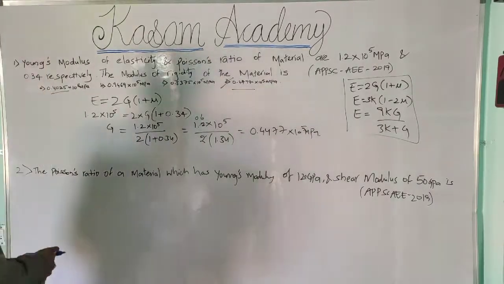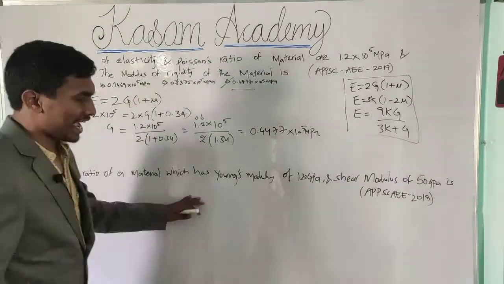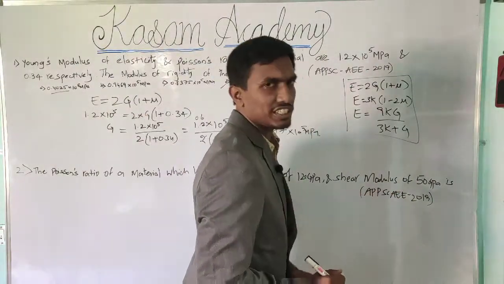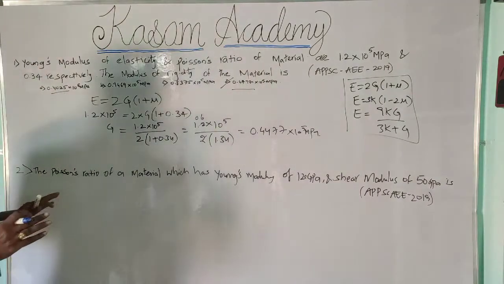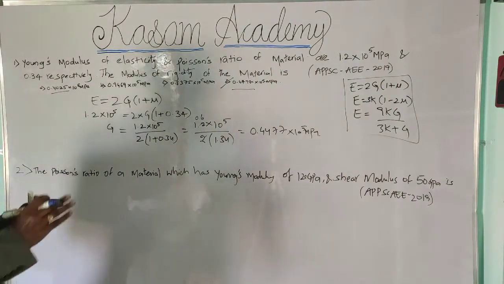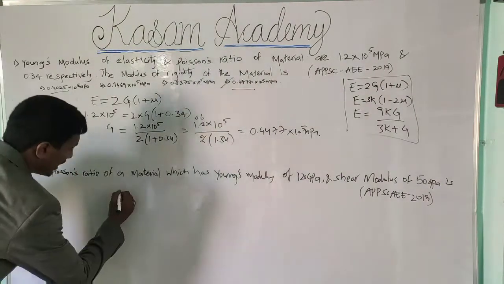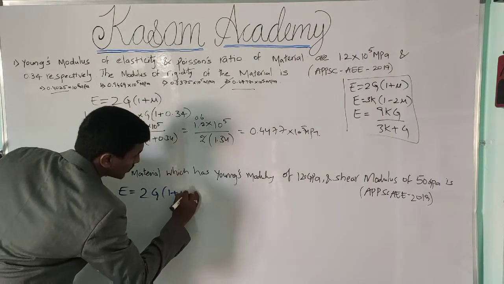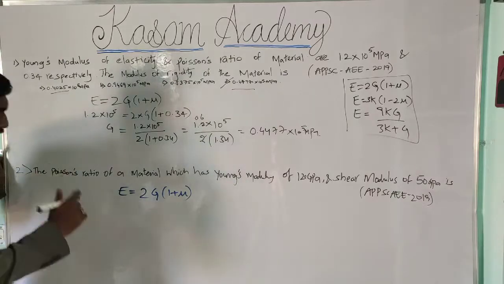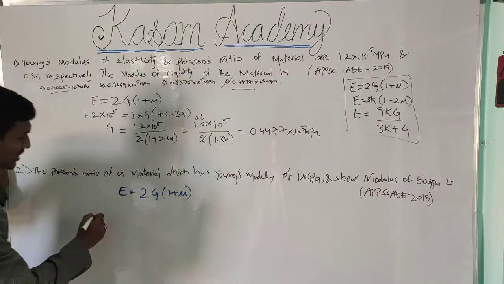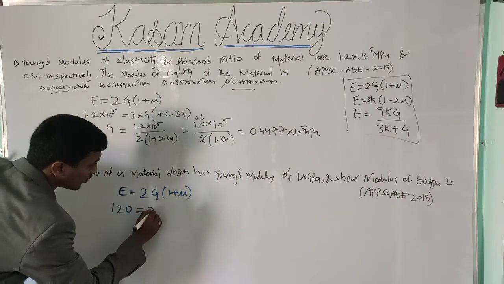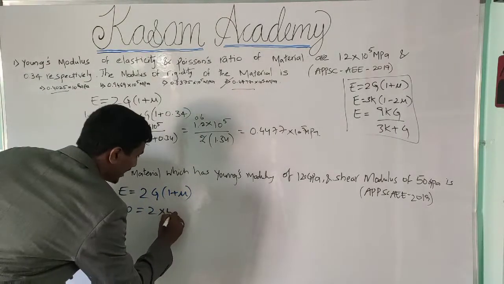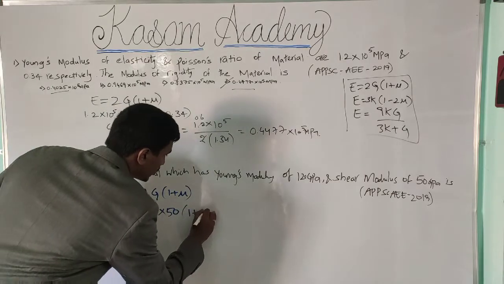The second question: the Poisson's ratio of a material which has Young's modulus of 120 gigapascal and shear modulus of 50 gigapascal. This question is related to E, G and mu. Here E equals 2G into (1 plus mu). E is 120 gigapascals, Young's modulus, and 2 into G, where G is the shear modulus, which is 50, and 1 plus mu.